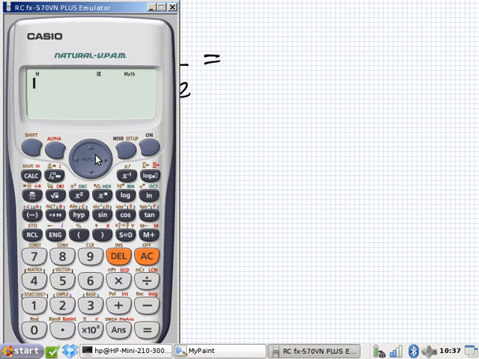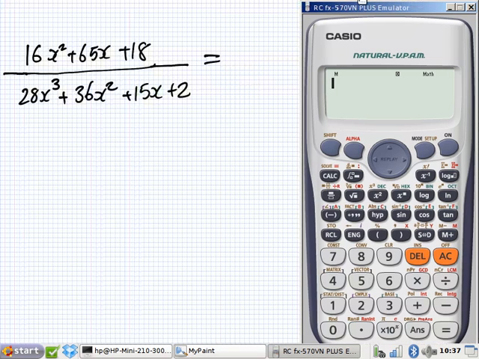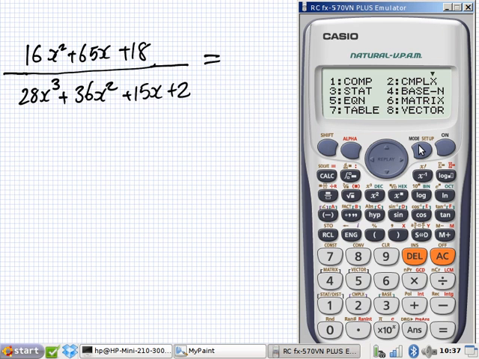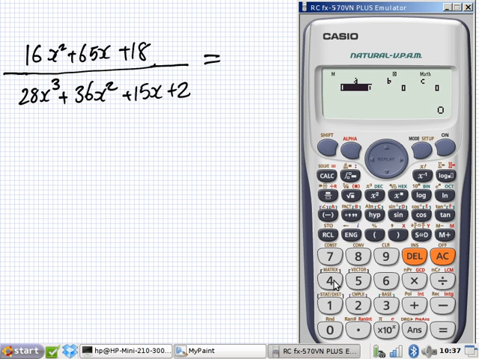Okay. If you don't know how to use your calculator, have a look and I'll show you. So Jerry, press mode. Okay, so the first one is 28, 36, 15, 2, equals.